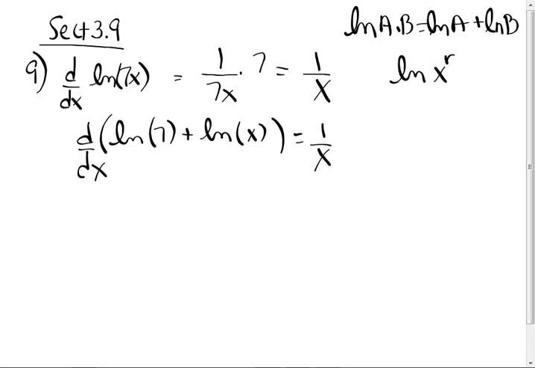The log of x to the r is equal to r times the log of x. It's way easier to do it this way. Let's do number 11. 1 over x. Okay, number 11. Again, this is easier to use properties of exponents because I can tell you the answer in my head.